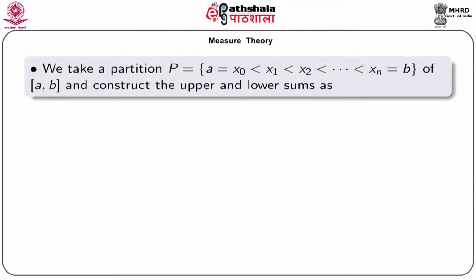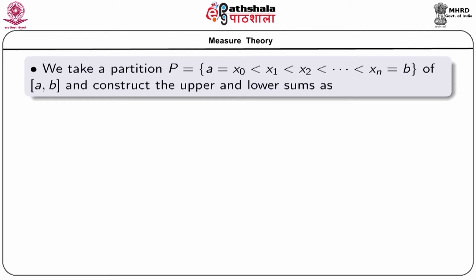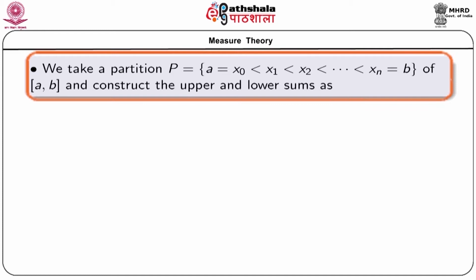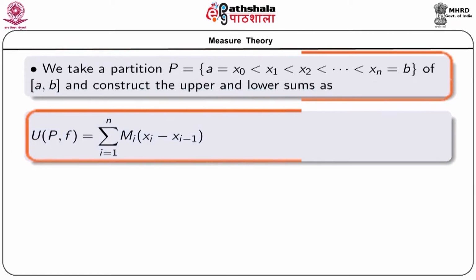We start the presentation for module 1 of chapter 5. So, recall the definition of Riemann integral again. We take a partition P, a equals x0 less than x1 less than x2 ... less than xn equals b, of closed interval [a, b], and construct the upper and lower sums as U(P,f) equals the sum from i equals 1 to n of M_i times (x_i minus x_{i-1}).